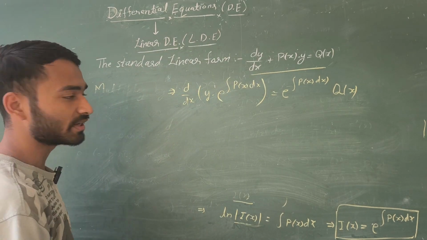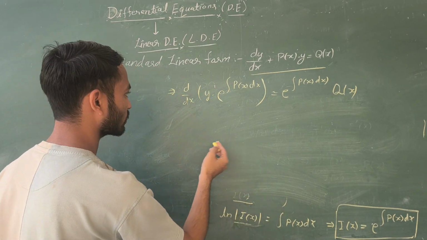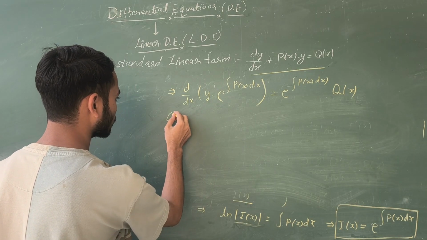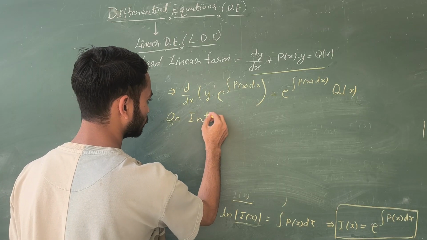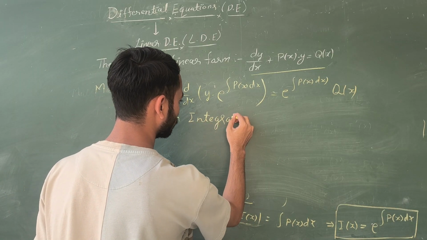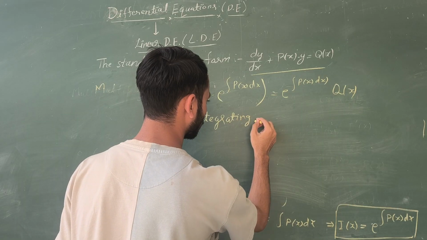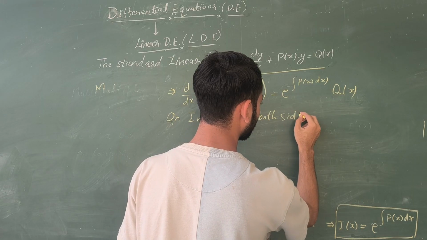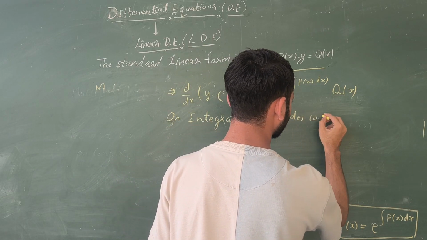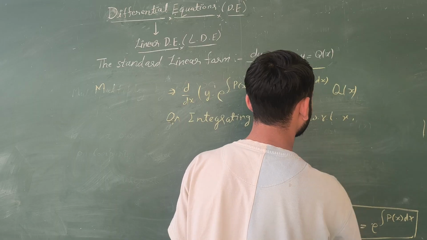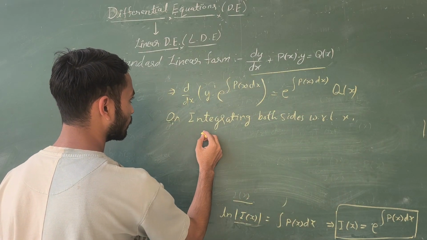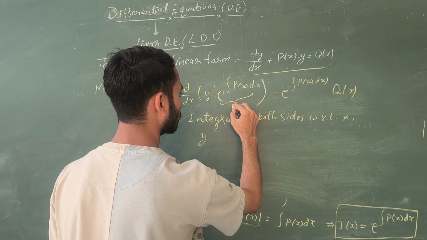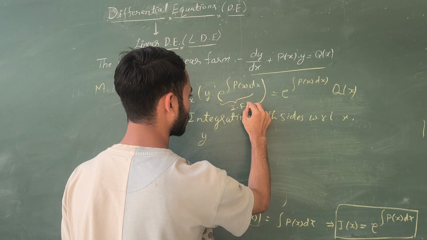Now, if we integrate both sides with respect to x, we will get y times this, which is called the integrating factor.